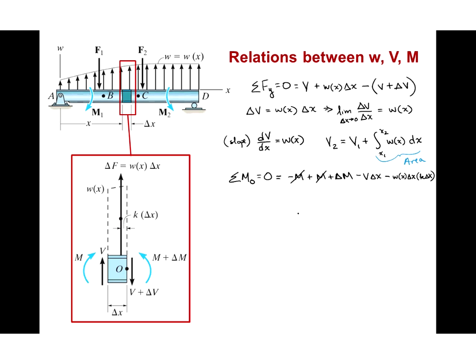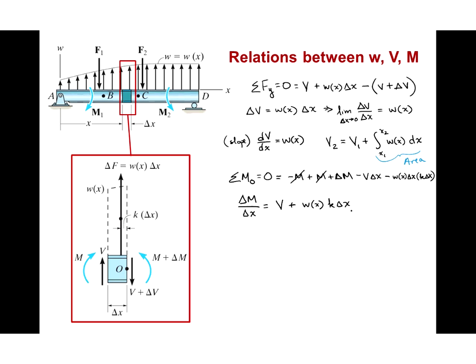So note that minus M and M cancel out, and we can then solve for delta M. And we'll go ahead and divide through everywhere by delta x. So we'll have delta M over delta x. And then we've moved the other two terms to the other side of the equation, so they both become positive. And we divide the V delta x term by delta x, we'll just get V. And then we have this other term, W of x, and then we've divided by delta x, so one of those drops out, but we still have times k delta x.